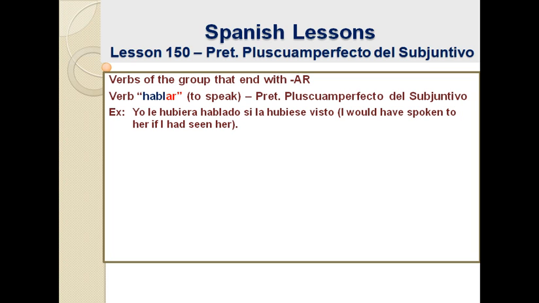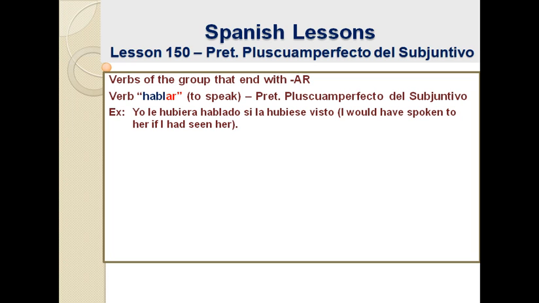Look at this: Yo le hubiera hablado. This is what would happen si la hubiese visto, and that is the condition. So hubiese visto is the condition, and hubiera hablado is what would happen if the condition is met.